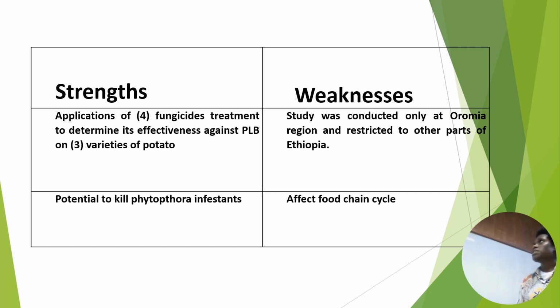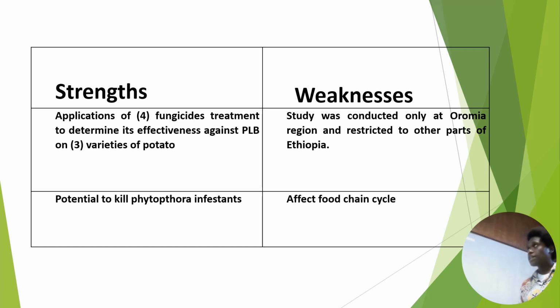As on the slide, the first strength is the application of fungicides. The application of fungicide treatment to determine its effectiveness against potato late blight on the three different types of potato varieties. Fungicides are widely used in agriculture to control various fungal diseases that can harm crop yields.